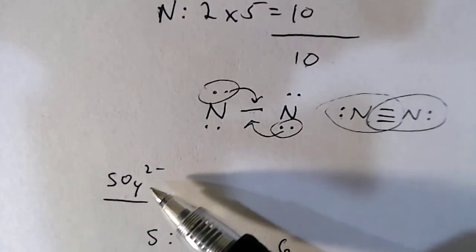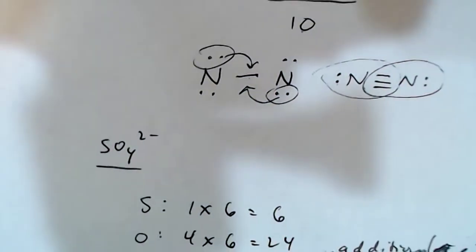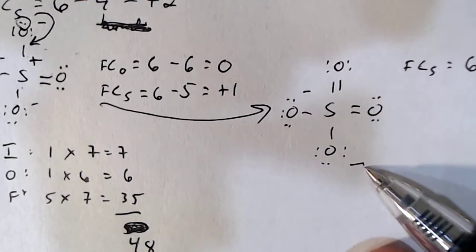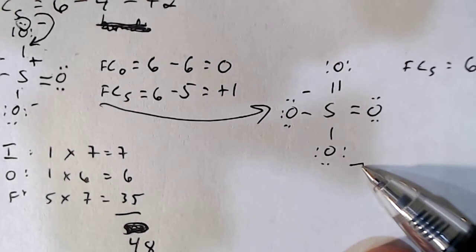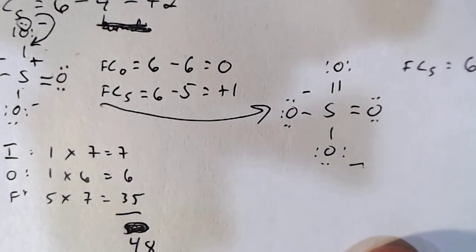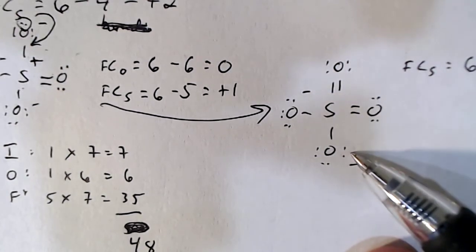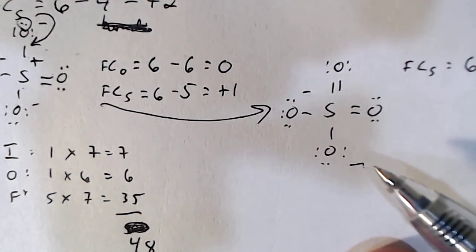And sulfate has a 2- overall charge, so ultimately there needs to be a 2- total formal charge on that sulfate. The formal charges that you show should always equal the overall charge of that molecule or ion.